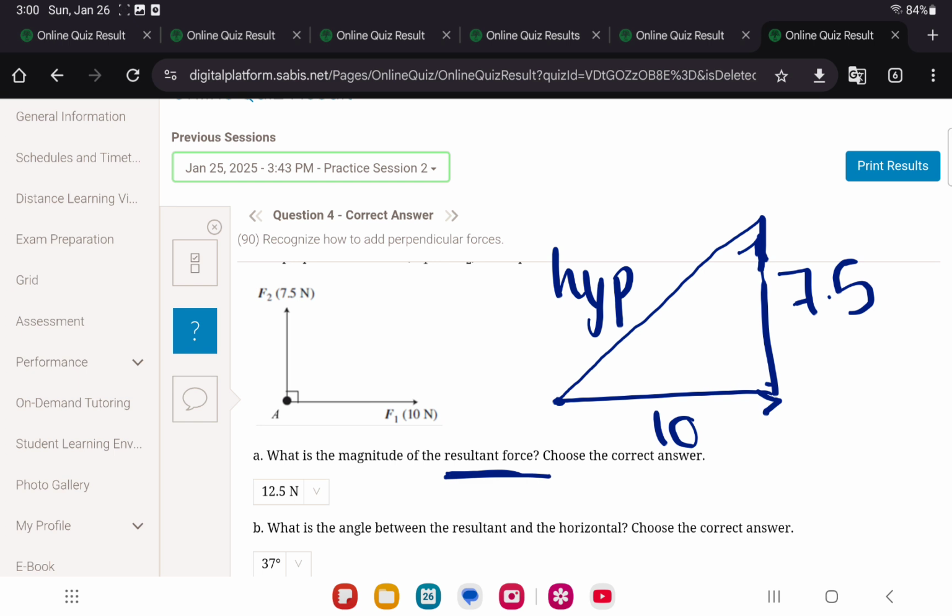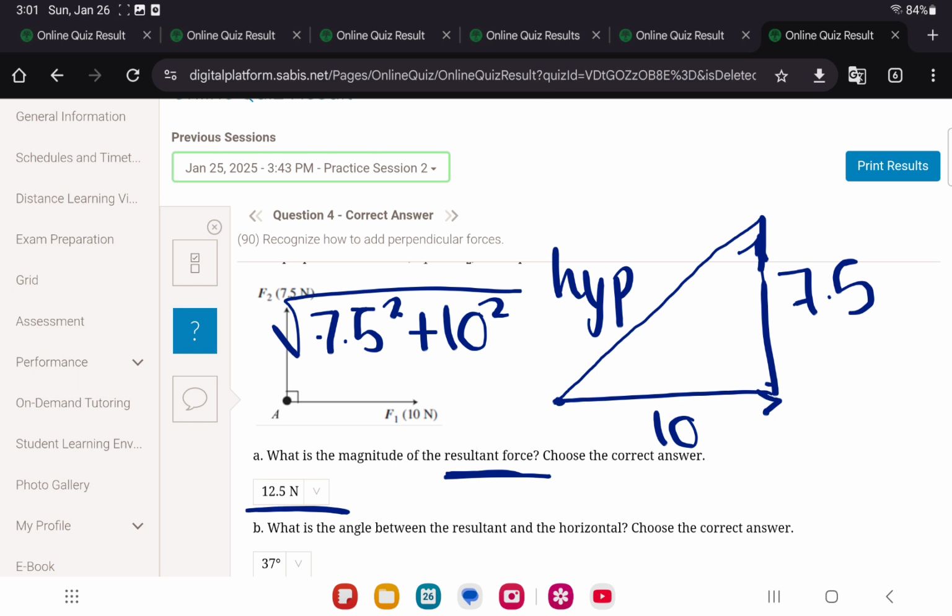So Pythagoras theorem: F net is equal to the square root of 7.5 squared plus 10 squared. Let's do it on our calculators. It equals 12.5, and here it's 12.5 newtons.